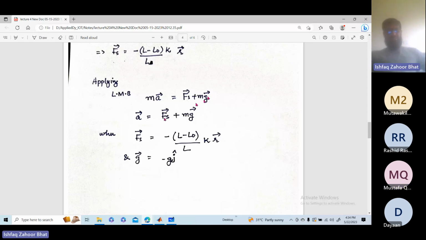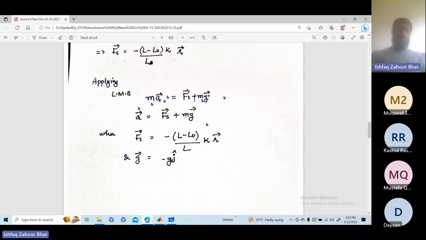Okay. So you are saying that that is why I have written this. This equation is a vector equation. I have not said anything about what is the direction in which Fs is pointing, what is the direction of g, and what is the direction of acceleration. I don't know what the direction is.